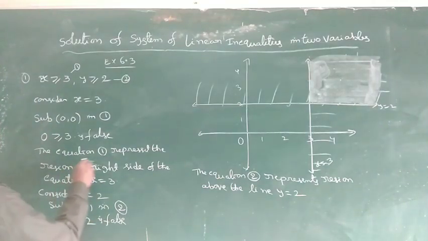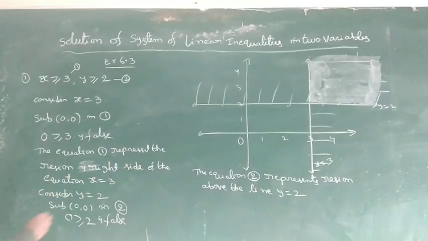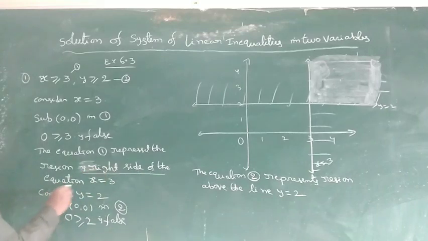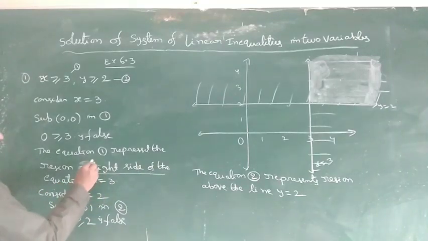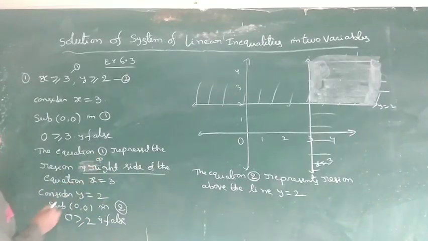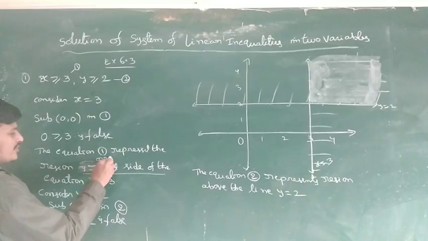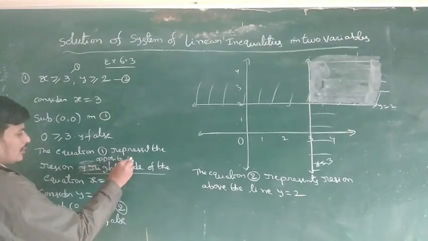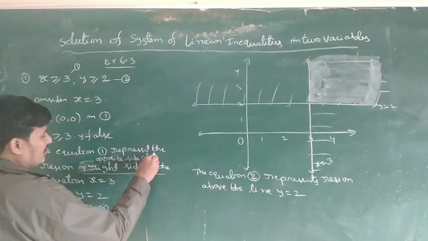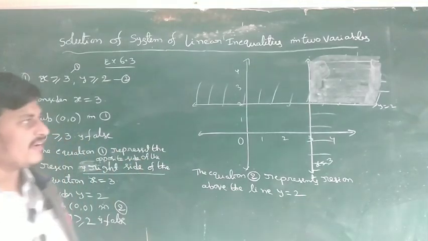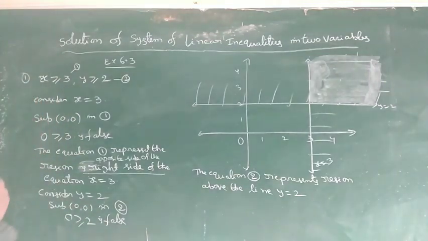Here, the equation 1 represents the region on the right side of the line x is equal to 3, or the opposite the origin side. You clearly identify right or left, up or down, above or below.